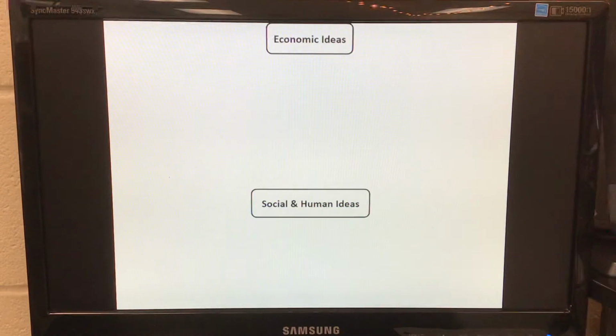So we're going to start here with economic ideas. I would want you to make a bulleted list below or above or wherever you need to your spectrum. Whenever you make a point for the Democratic Party on an issue, you are going to want to make a counterpoint for what the Republicans say about that same issue, okay?